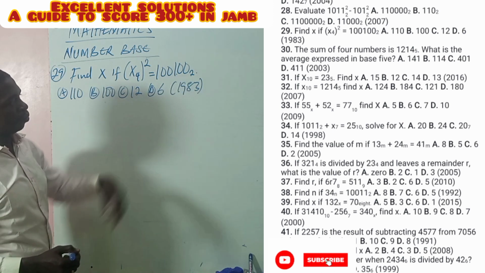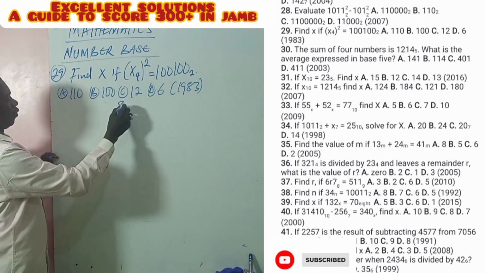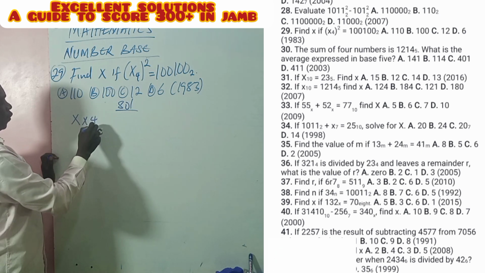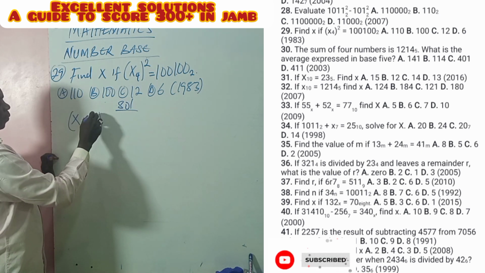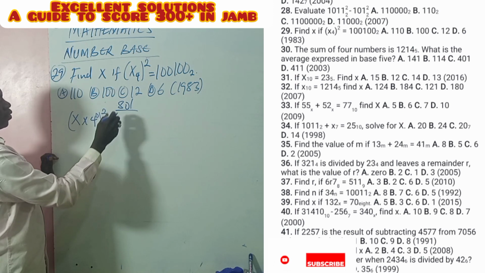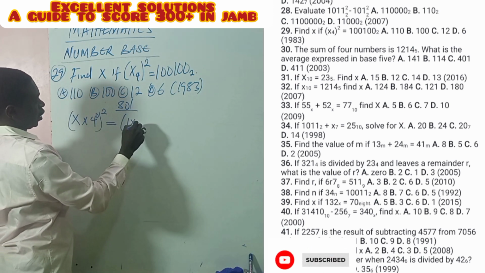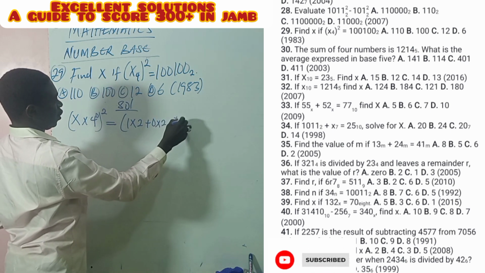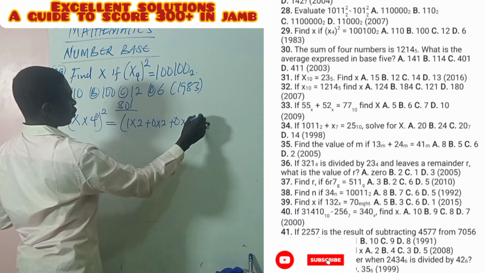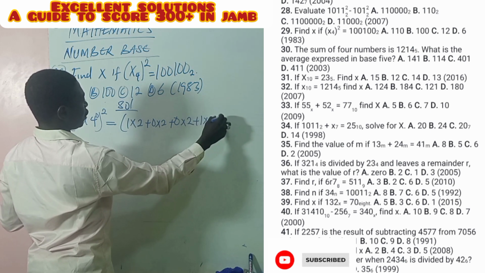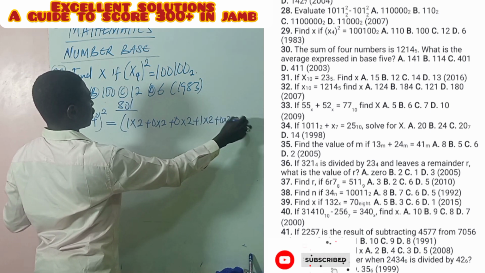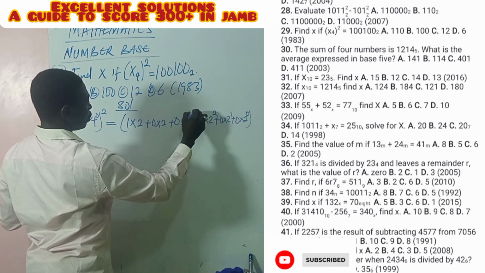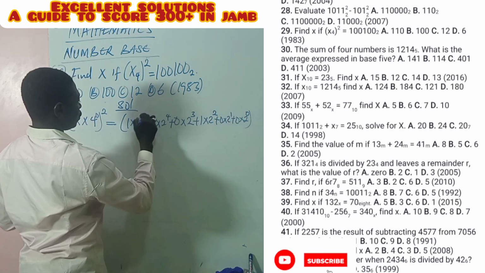1 0 0 base 2. So here we have x times 4 to the power of 0, squared, is equal to 1 times 2 plus 0 times 2 plus 0 times 2 plus 1 times 2 plus 0 times 2 plus 0 times 2. We give this powers 0, 1, 2, 3, 4, 5.